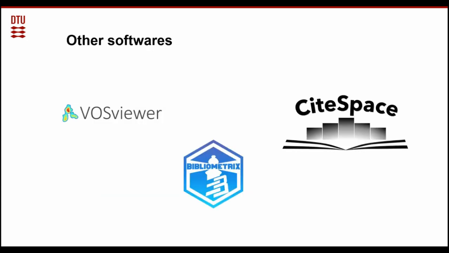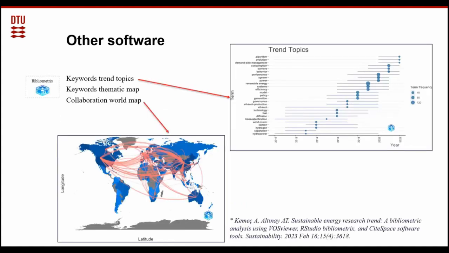I read 2 papers on bibliometric analysis on renewable energy, and I saw that they use 3 software: VOSviewer, Bibliometrix, and CiteSpace. These are also good software. You can use them. For example, in Bibliometrix, you can generate trend topics.